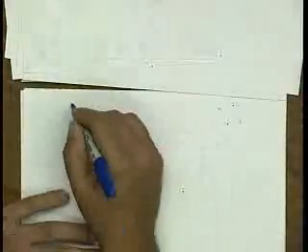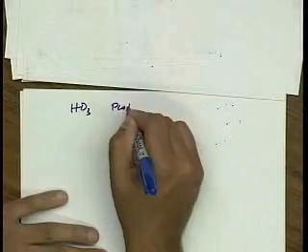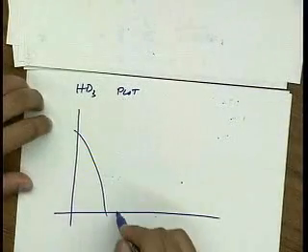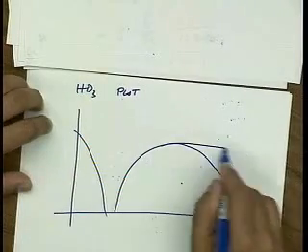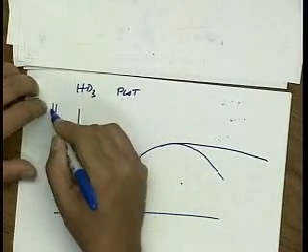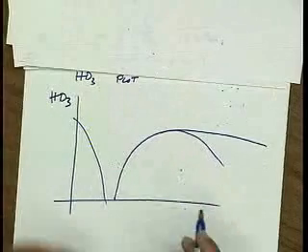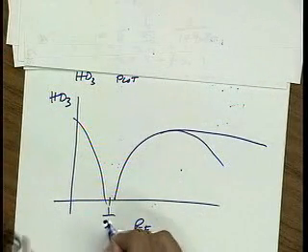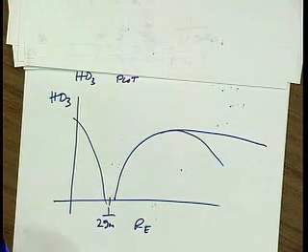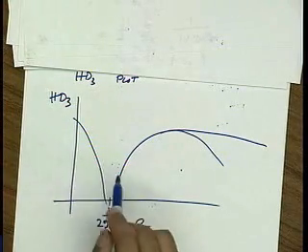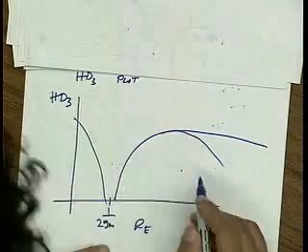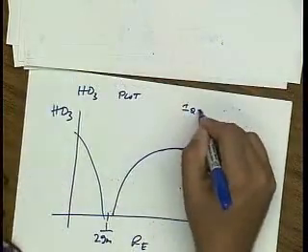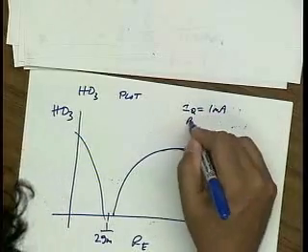If I plot HD3 versus RE, I get a plot that looks something like this. So this is HD3 on a log scale versus RE on a linear scale. This is the null, 1 over 2 GM. And this is quite a deep null. So for instance, here I used an example of IQ is 1 milliamp.